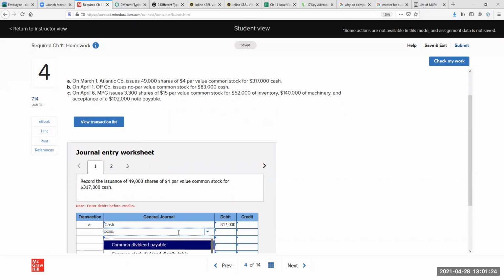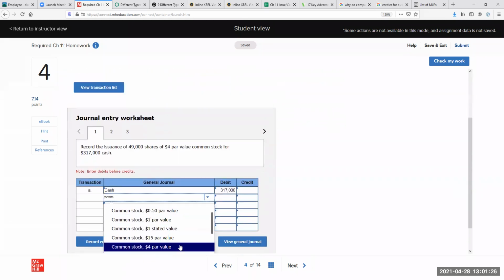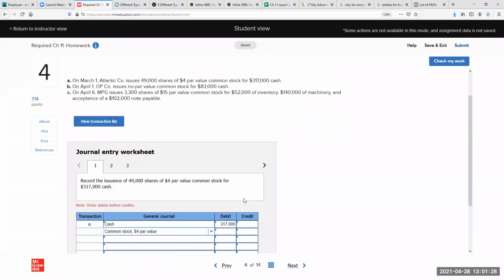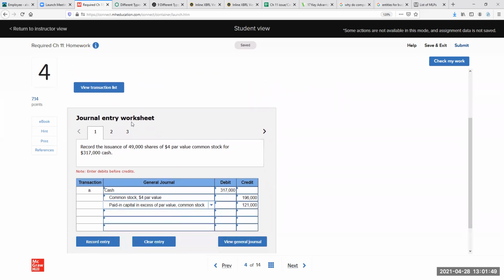Common stock with a $4 par. Well, number of shares times the par. What's 4 times 49,000? 196. And the difference has to go to the paid-in capital in excess of par. Paid-in capital in excess of par common.